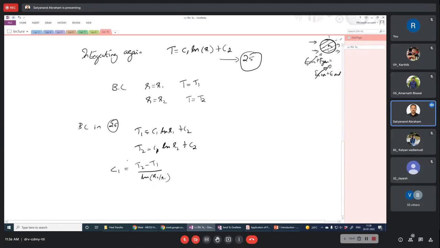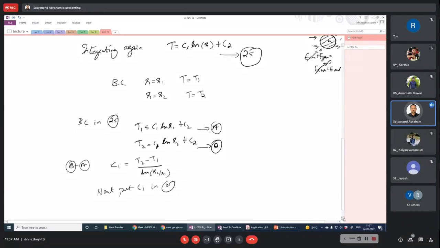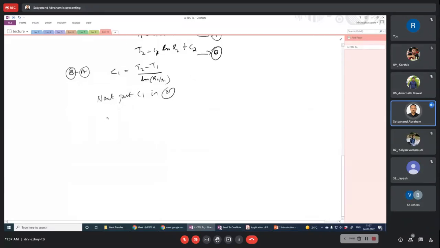We can call these equations A and B, so we are doing B minus A, and we get this. Now put C1 in B, and then you will get C2.